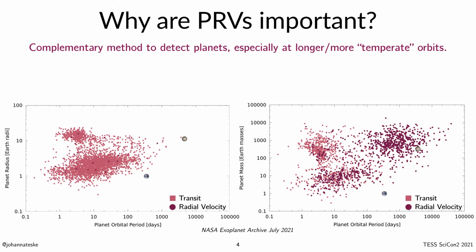So while clearly in both plots there are plenty of planets to study at shorter orbital periods, to get a full census of exoplanets, we also want to be able to know about and study those that are farther away from their stars and thus often cooler. I think a fundamental question driving exoplanet science broadly is how common are the types of planets that we have in our solar system, and precision RVs are already giving us a way to start to explore that question for the outer giant planets.